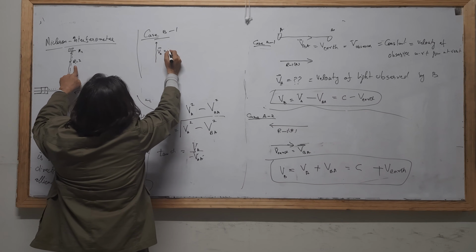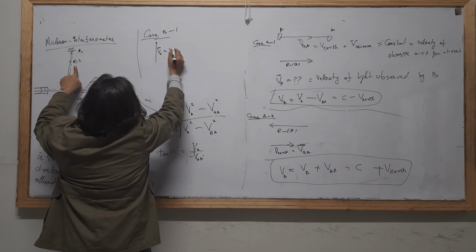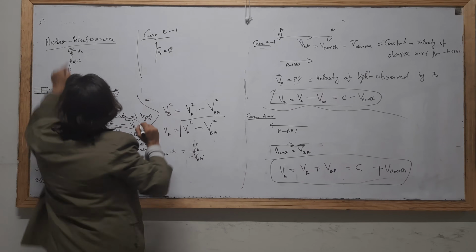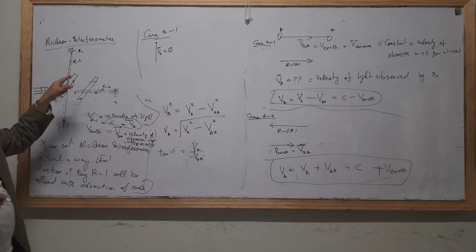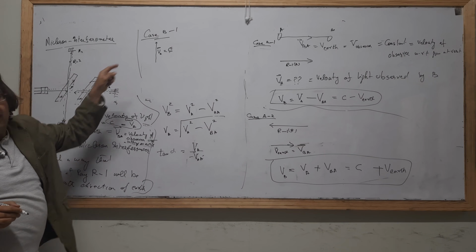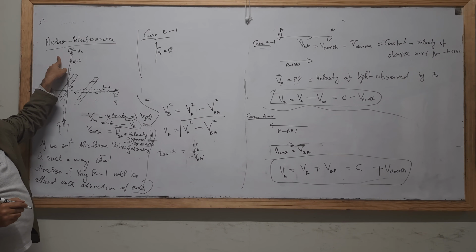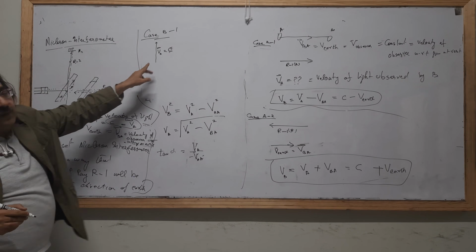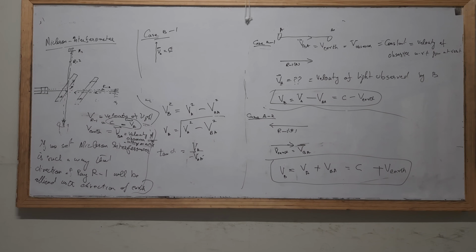This is VA, that is C, the speed of light, because this is a laser light, and this will be velocity C according to the frame at rest. The observer is showing that it is moving upward.